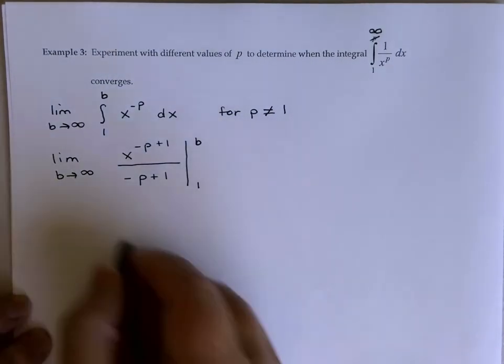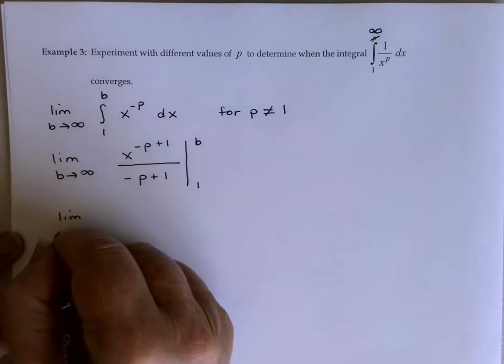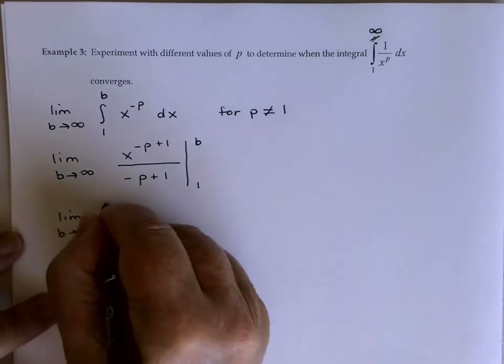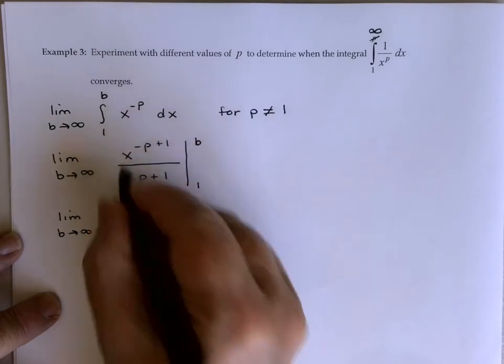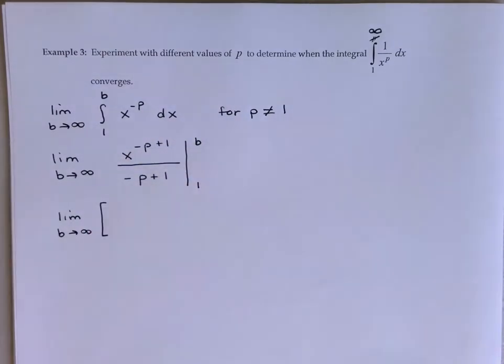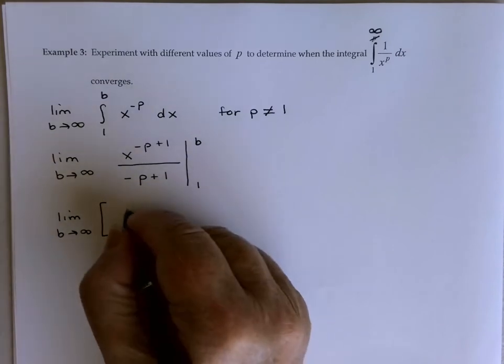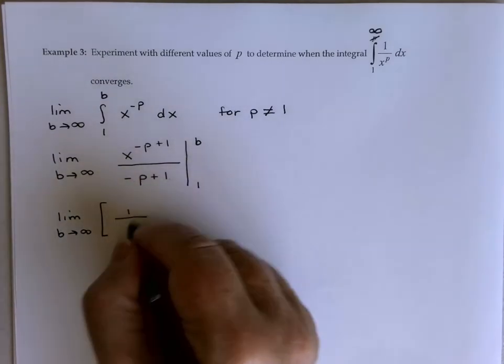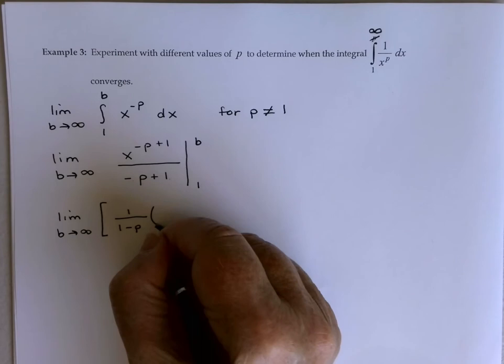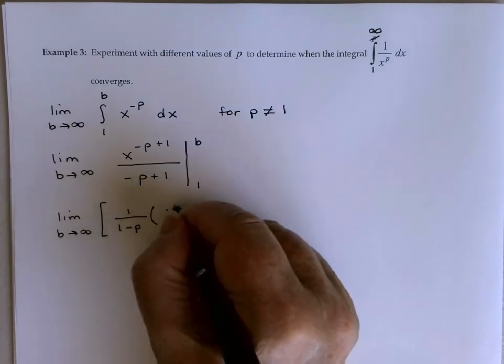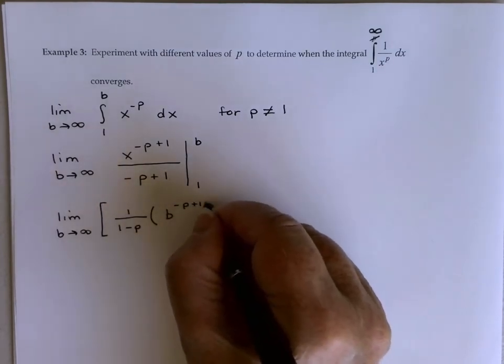All right, so I'd have the limit as b goes to infinity. Plugging in the b, I'm actually going to write this in a very specific way. This denominator is just some constant. So I'm going to write this as 1 over 1 minus p times b to the negative p plus 1.